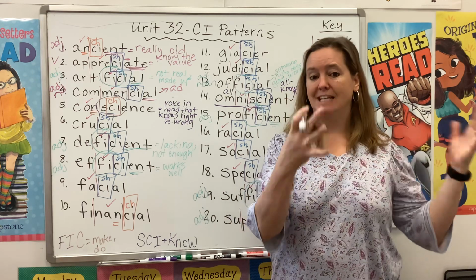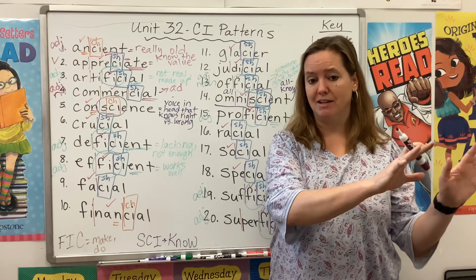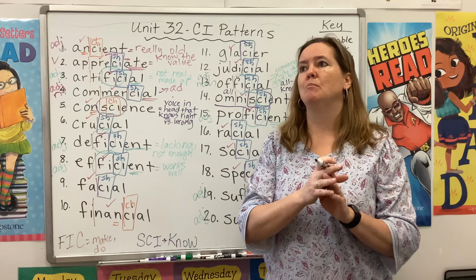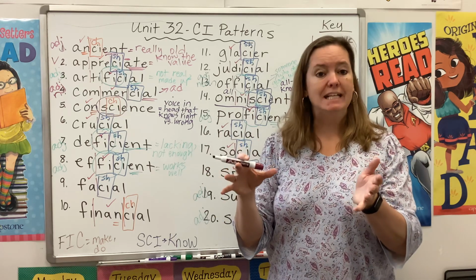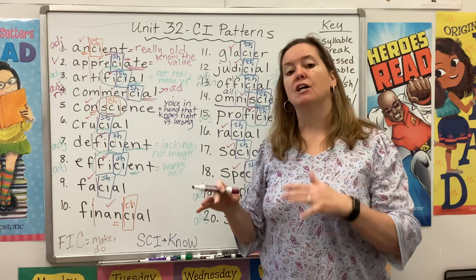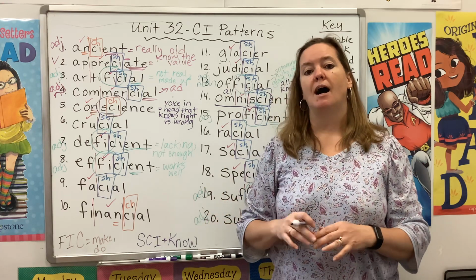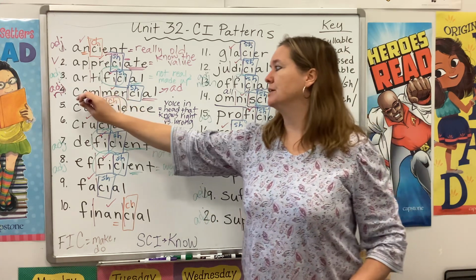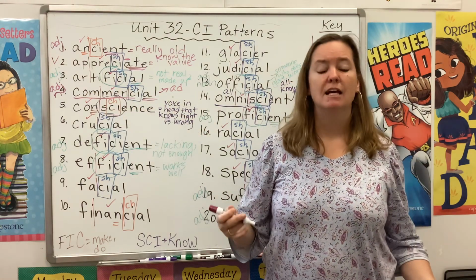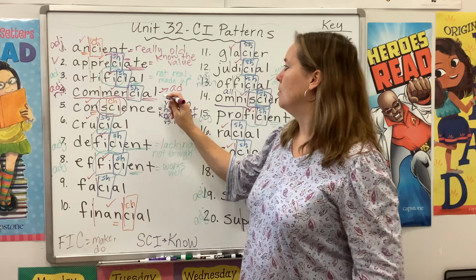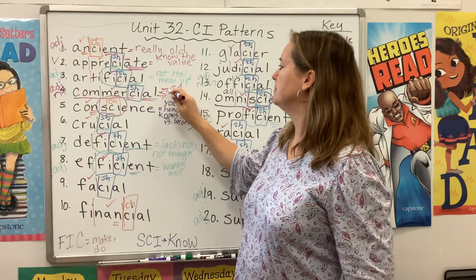There might be a residential zone where people live in their houses. There might be an industrial zone where they have factories and warehouses. And then a commercial zone, that's where commerce can take place. Commerce means trade. So a commercial zone would mean a place that has stores.